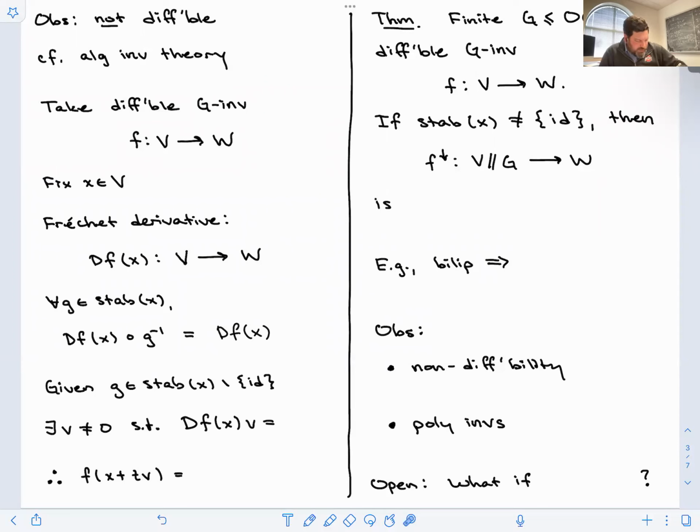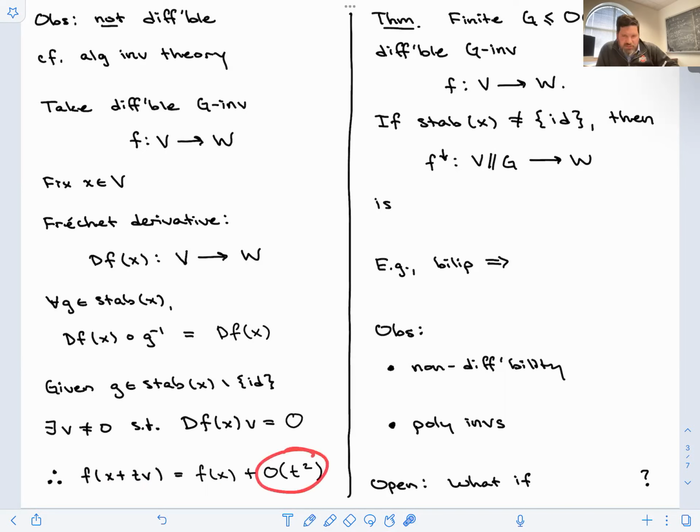So what it turns out, you can do a little bit of linear algebra and show that if you have a member of the stabilizer that's non-trivial, so not the identity, there's going to be a direction that the derivative sends to 0. Okay. There's a direction that locally you're not changing the output. One way to think about this is if I move in that direction from x, I'm not going to change the output by much. Okay.